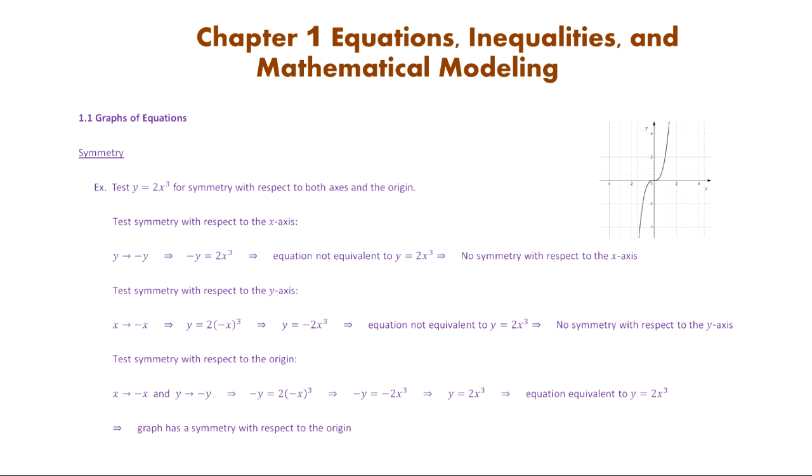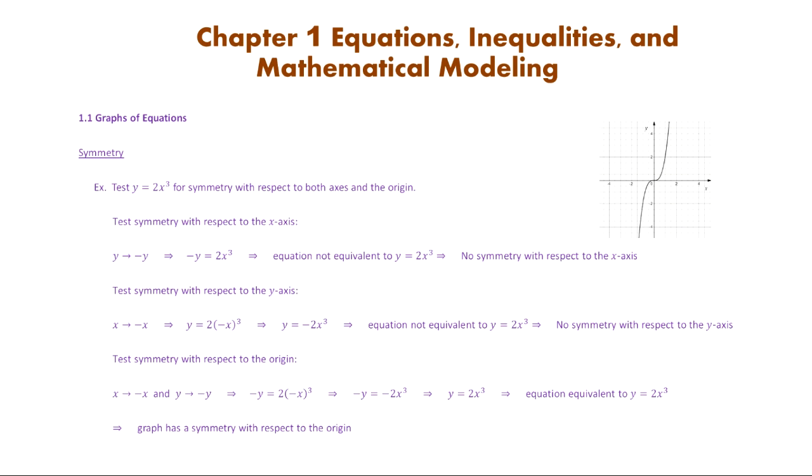So we get y equals negative 2x cubed. Again, this is not the same equation we had originally, which was y equals 2x cubed. So that means the graph does not have the symmetry with respect to the y-axis.